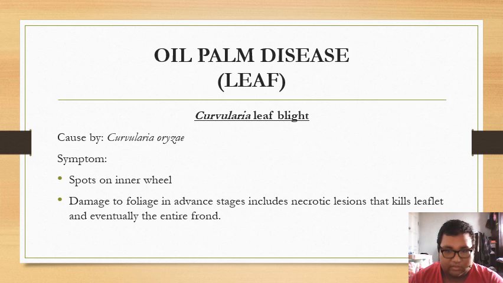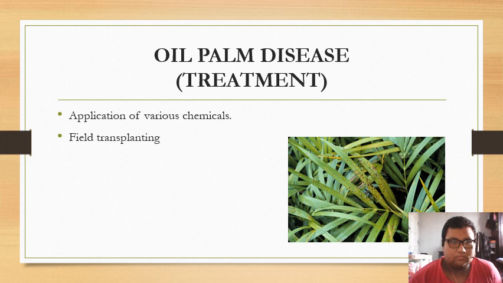Also, during moist weather, these lesions expand rapidly into large dark brown and dark black lesions. For Curvularia leaf blight treatment, only use application of various chemicals and field transplanting.